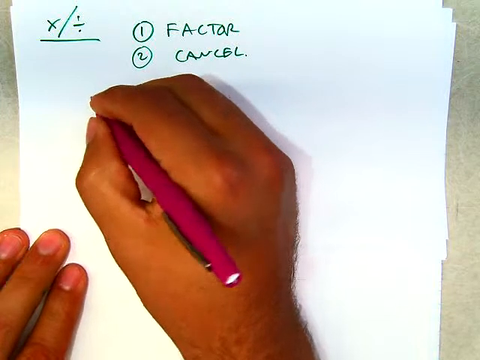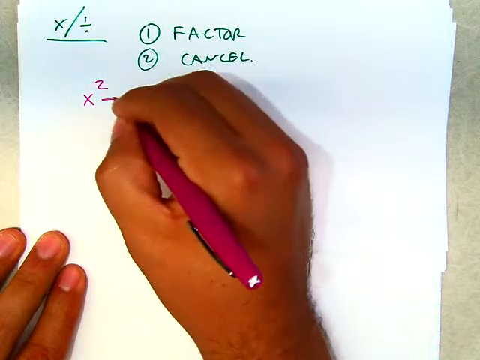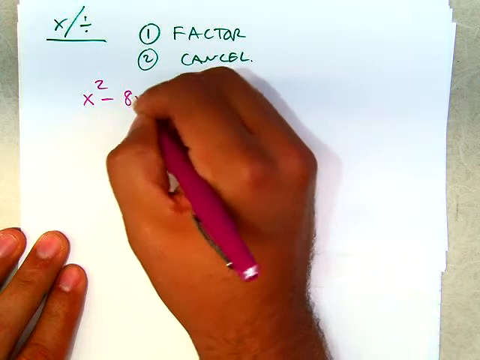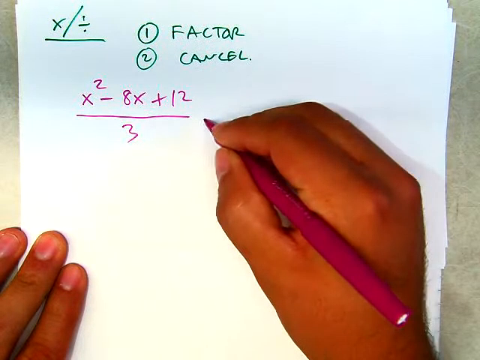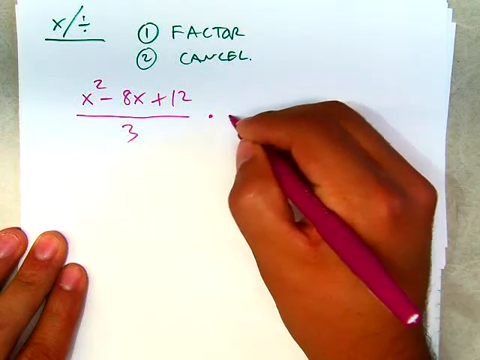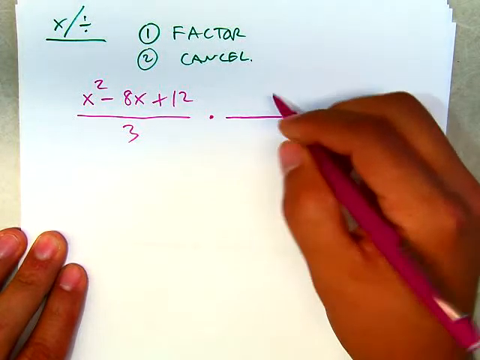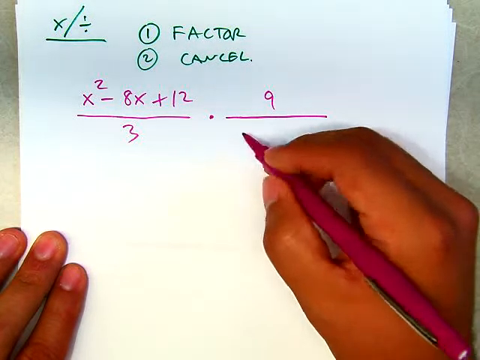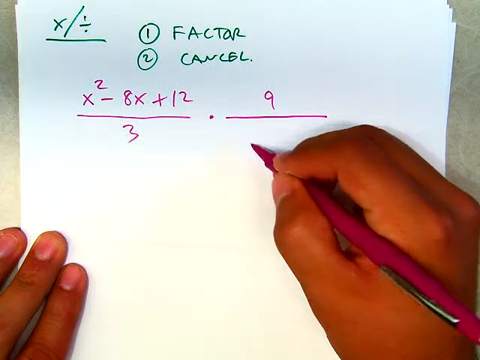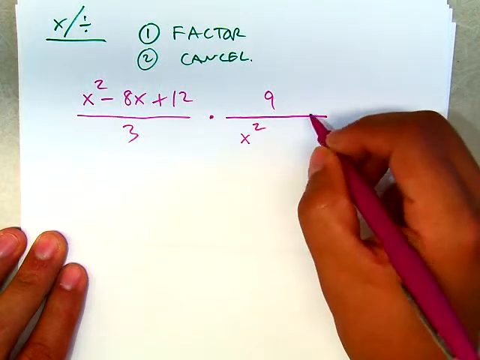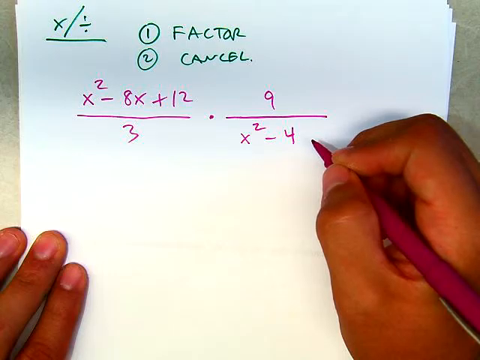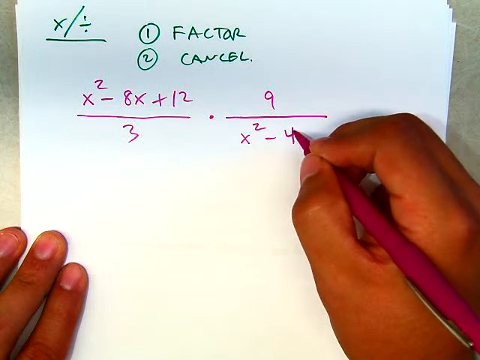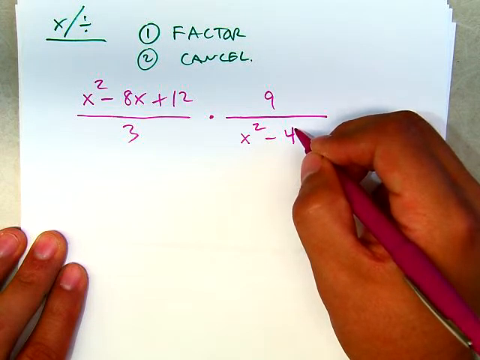If we have something like x squared minus 8x plus 12, let's say over 3, times, let's say this is 9, over x squared minus 16.